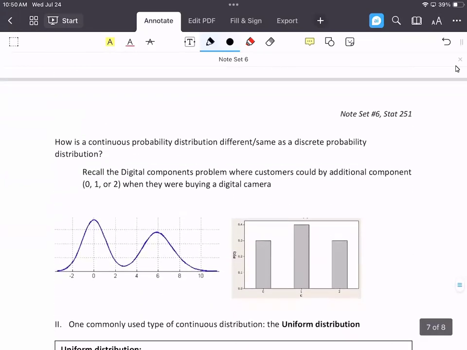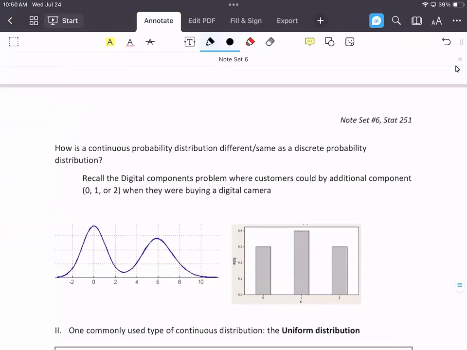So how is a continuous probability distribution different from and the same as a discrete probability distribution? Well, they both have to total. Here's where they're the same. The sum of the probabilities has to be 1 in either one of these distributions. Where they're very different, hopefully you can tell right away, is the continuous, and this is the discrete example.